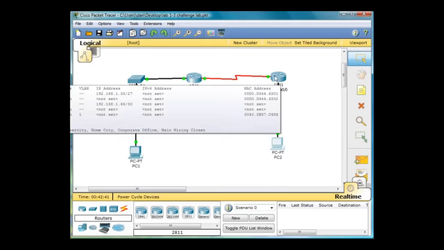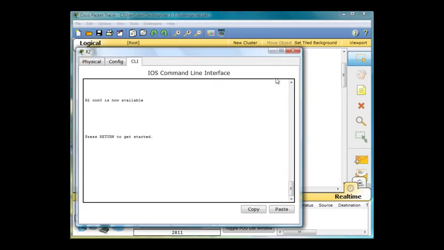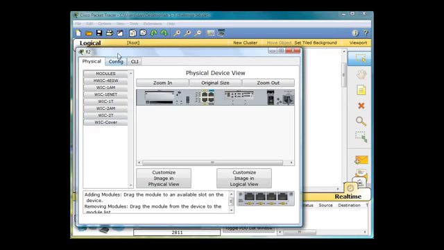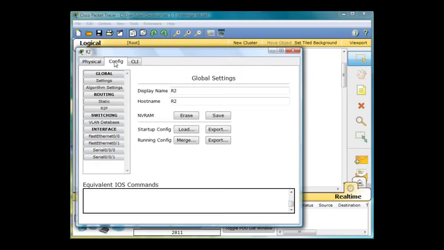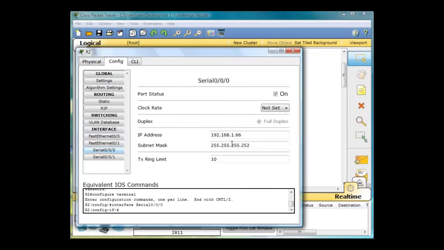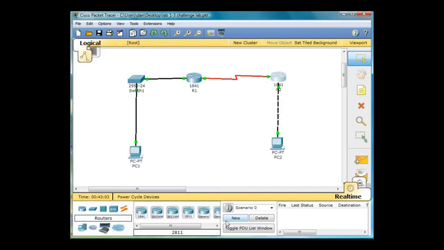Now, what about this other router interface? The other router interface, the serial interface right here, if I click on this router here and I say physical, config, and I click on serial, you can see that it has a 1.66 interface right there. So let's try to ping that.